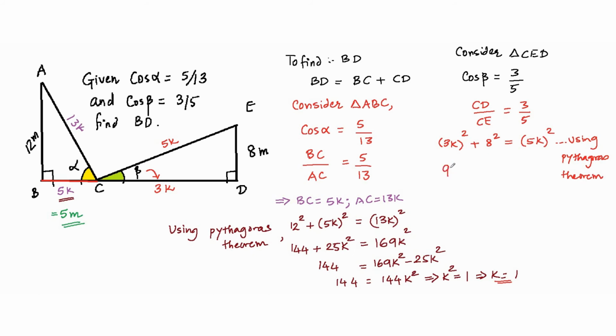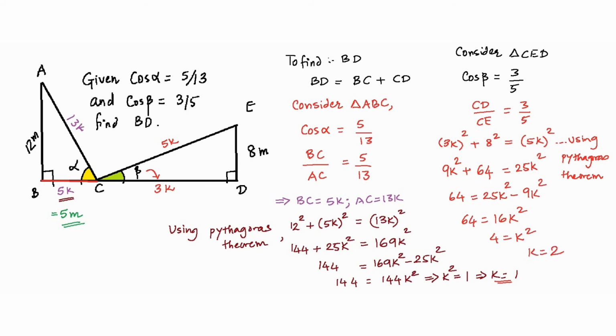So now this becomes 9k square plus 8 square, which is 64, is equal to 5k the whole square, which is 25k square. So 64 is 25k square minus 9k square, or 64 is 16k square, and therefore k square is equal to 4, which means k is square root of 4, which is 2.